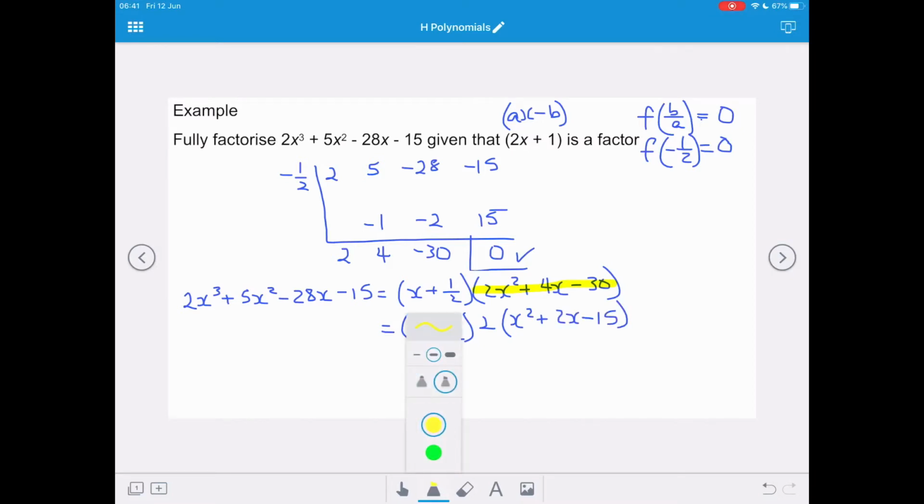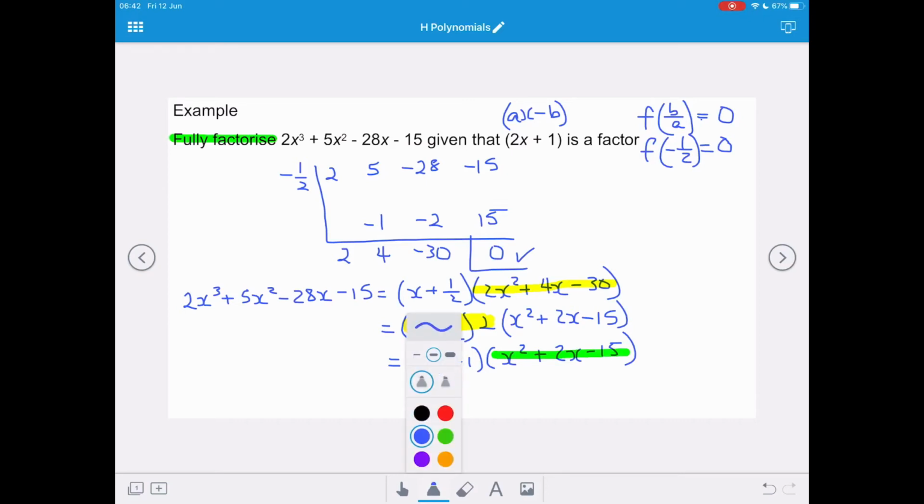We're then going to combine that 2 with the first bracket to get the 2x plus 1 factor in the initial question. So 2 multiplied by x gives us our 2x, and 2 times a half gives us our plus 1. And then we're going to have x squared plus 2x minus 15. Now it says factorize fully, so we need to factorize that second bracket.